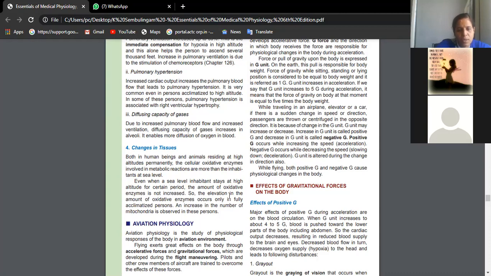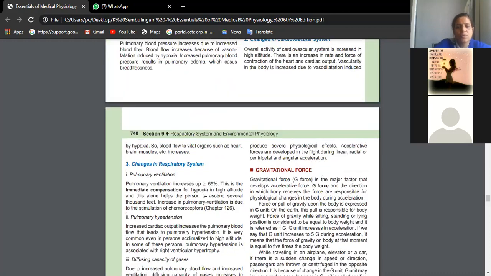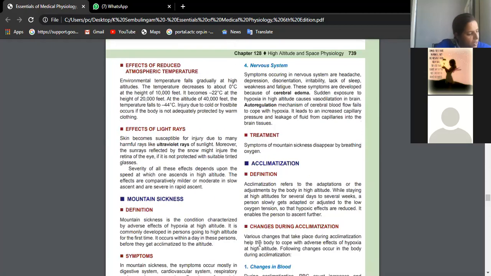The elevation in the amount of oxidative enzymes occurs only in fully acclimatized persons. If we are going only for a short period, we don't find such active enzymes. Only for the people who are always there, these mechanisms will help them adapt to that high altitude. So these mechanisms you have to write.